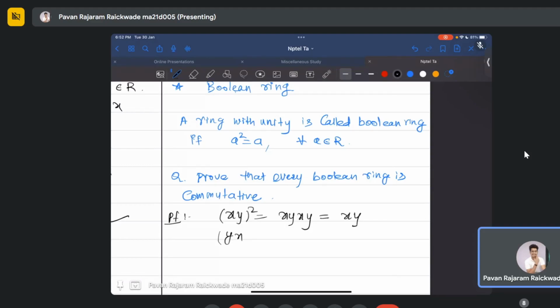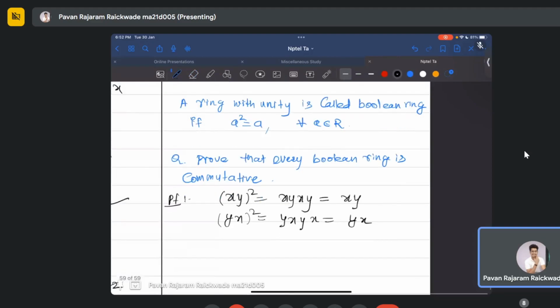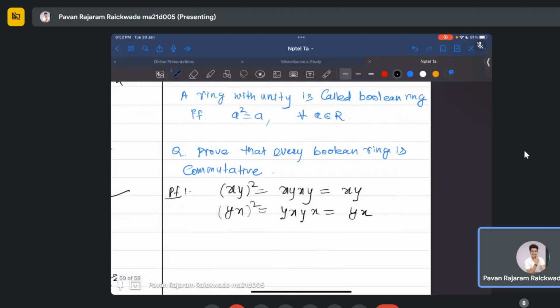Similarly, (yx) squared is yxyx, which is yx.